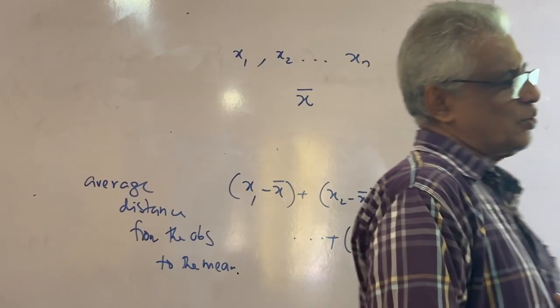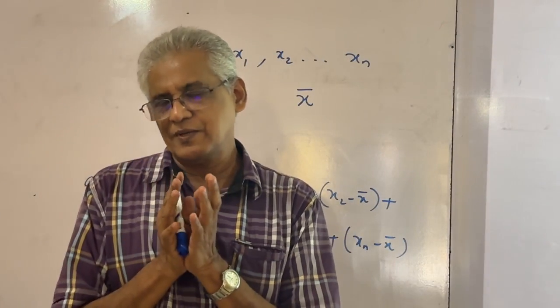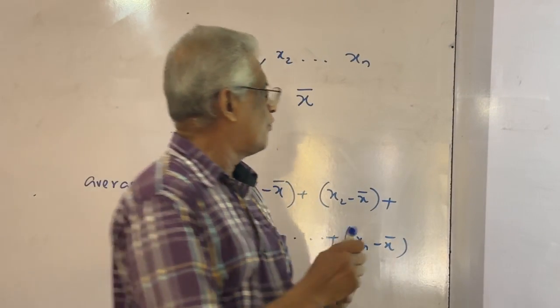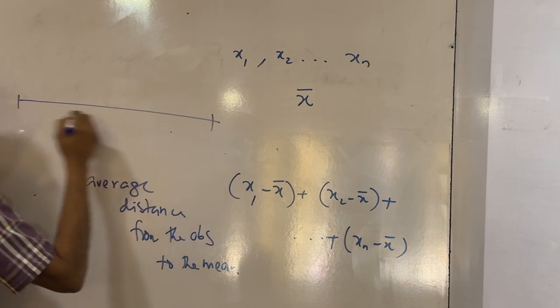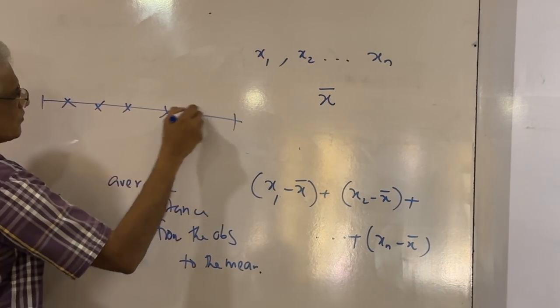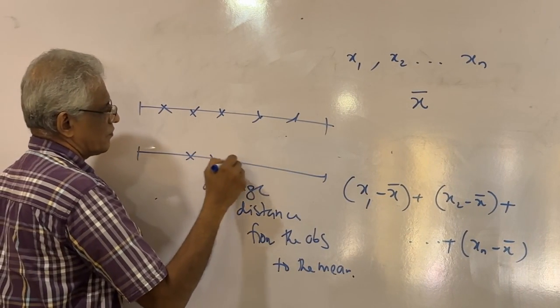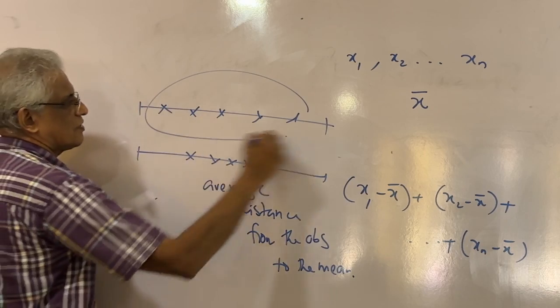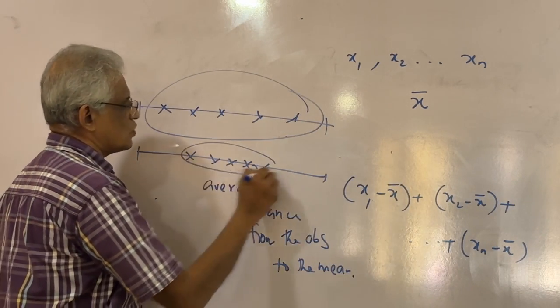If the average distance is a good measure, then for this kind of data set, suppose you have a data set like this and another data set like this, for this the average distance should be larger, for this the average distance should be smaller.